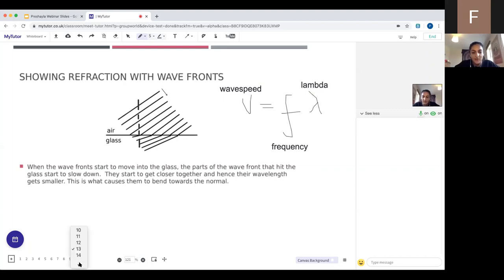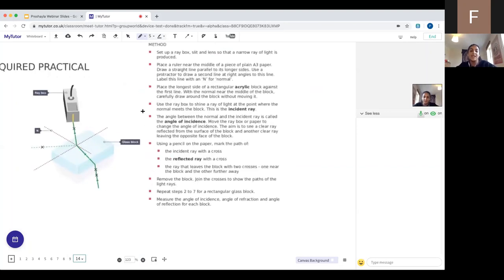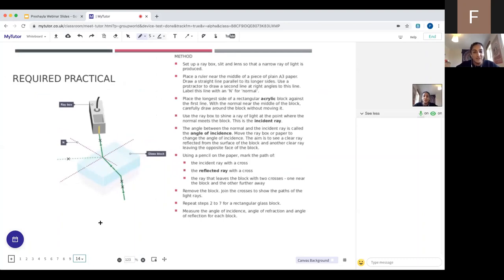Okay, so the required practical, actually not as bad as it looks. You might have done it in school, you might not have, but this is the required practical that is associated with refraction and reflection.